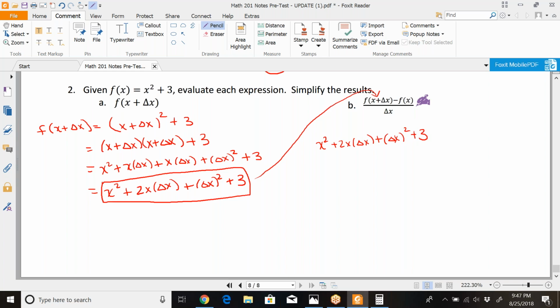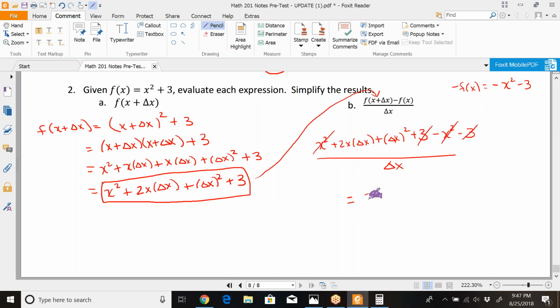Then it says do negative f of x. Well, negative f of x just means write the equation you started with, but times everything by negative 1. So it's just going to change all the signs. So we're going to write that down. And then we write all of that over delta x. If you've done this correctly, usually, especially with polynomials, you'll see that some stuff on top is going to cancel.